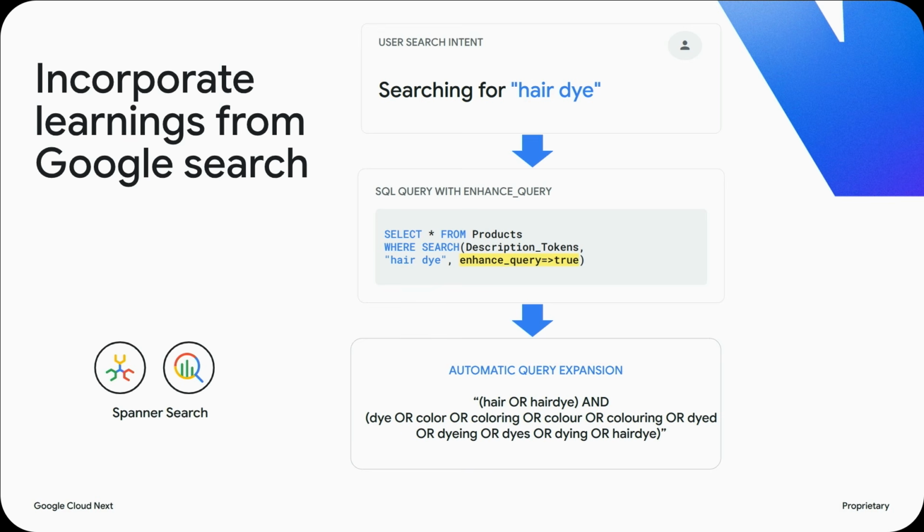And then Spanner will automatically take your search term hair dye and expand it. It'll rewrite it, as you can see in the bottom here. So it'll say hair expands to hair or hair dye, or other words like color, coloring, dyeing, and all these other alternative ways to capture results. Now, this is the exact same technology that we use in Google search. So if you go search for hair dye in Google, we do this exact same thing. And what Spanner search allows you is it brings this power to your product search.